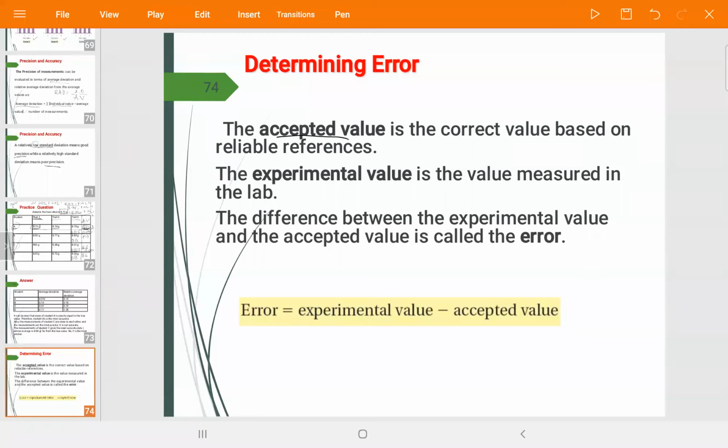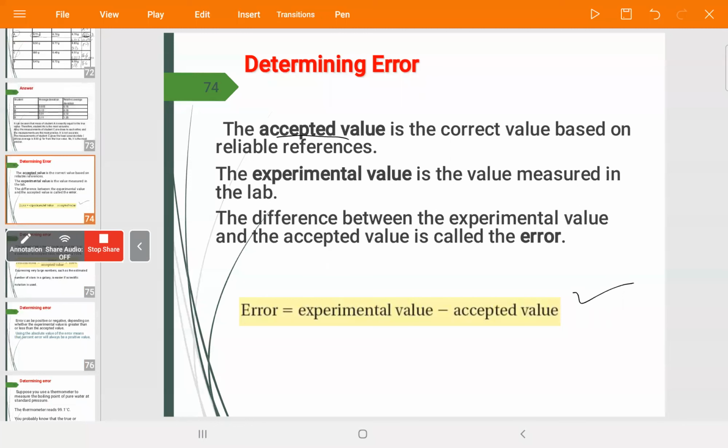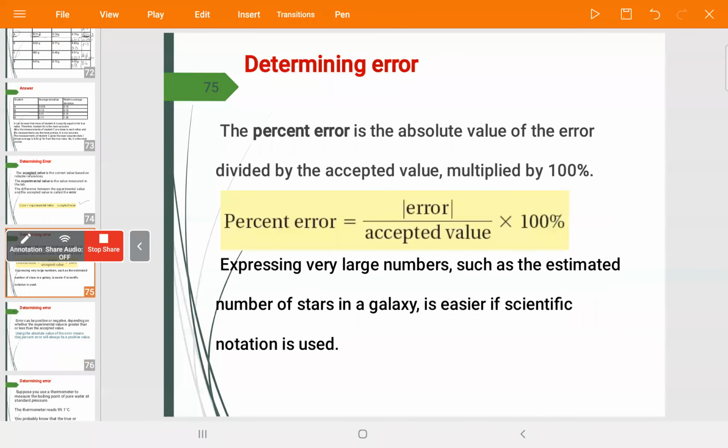So this is very simple. Error refers to the deviation from the accepted value. It is simply given by this equation: experimental value minus accepted value. We'll see with an example. Now, the other point is percent error.